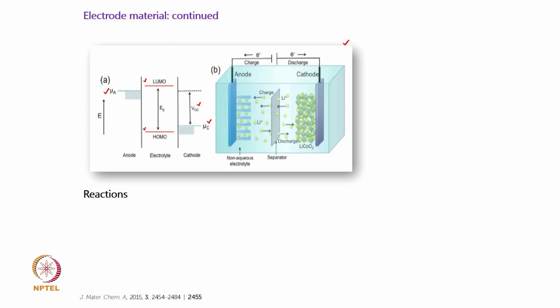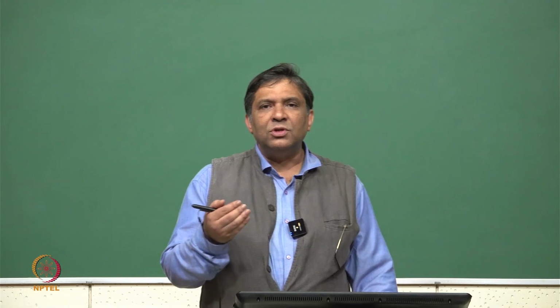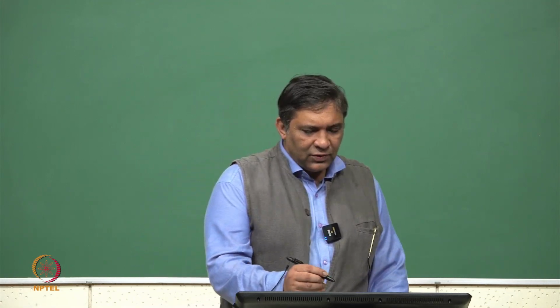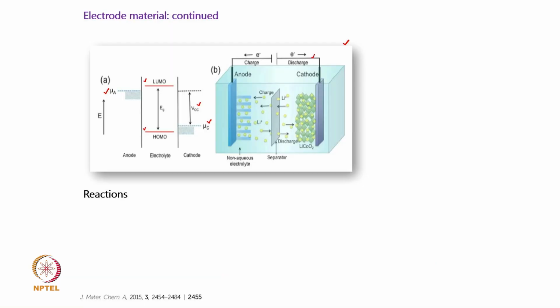As I discussed in the previous class, 2 processes go on continuously in a lithium ion battery. One is the discharge process, where lithium goes from anode to cathode and electron moves in this direction.